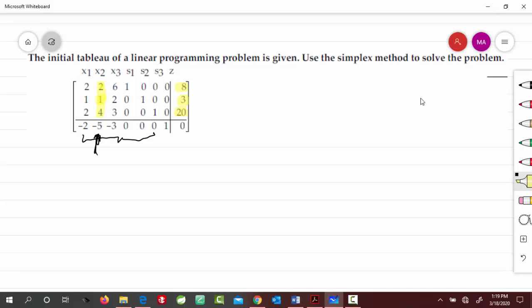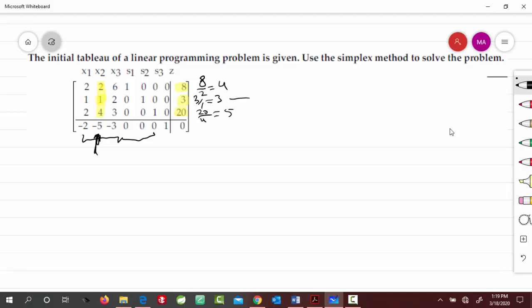So let's check the ratio. 8 divided by 2 is equal to 4. Then 3 divided by 1 is equal to 3. And then 20 divided by 4 is equal to 5.